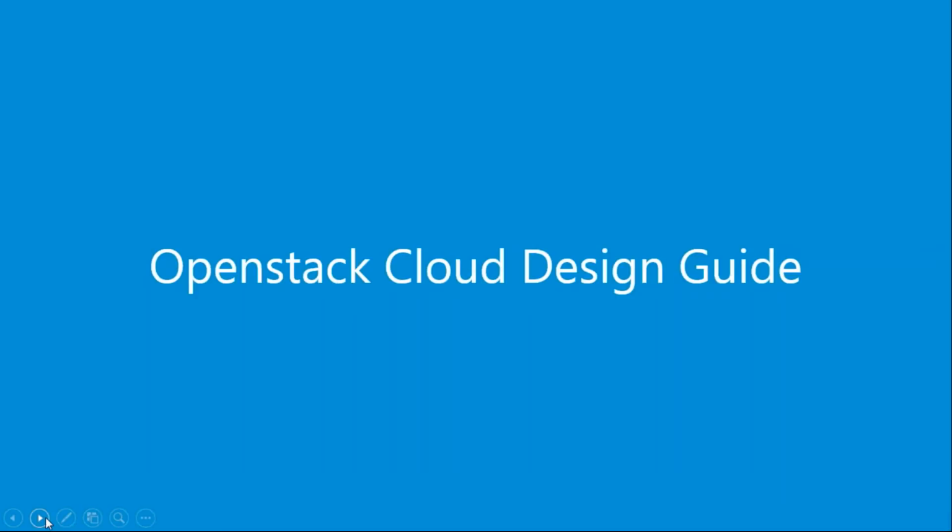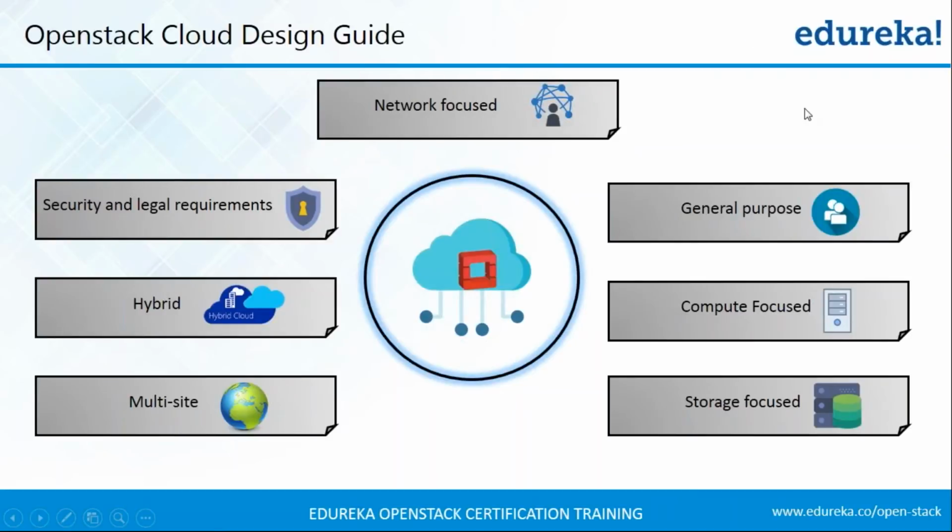And finally, let us take a look at the OpenStack Cloud Design Guide. So if you want to set up your OpenStack infrastructure, I'll show you different scenarios, and I'll also let you know about the different resources that you might need, things that you need to focus on while you're setting up your cloud infrastructure. So you might need a cloud infrastructure for general purpose. You might need it for computing purpose, that is just focused on computing.